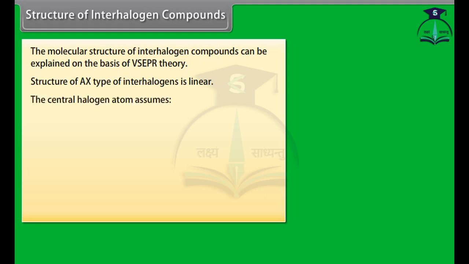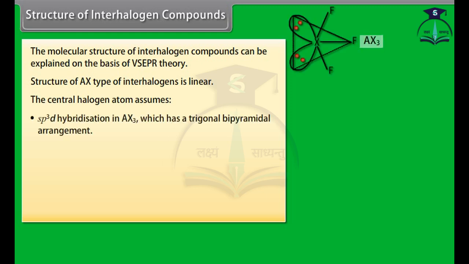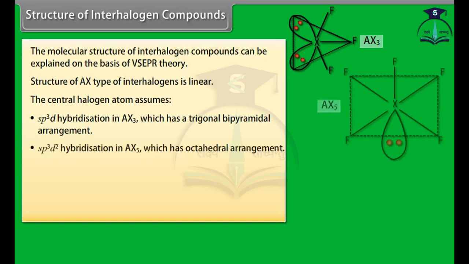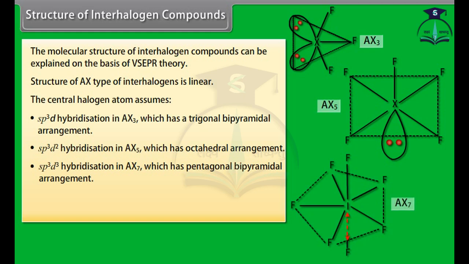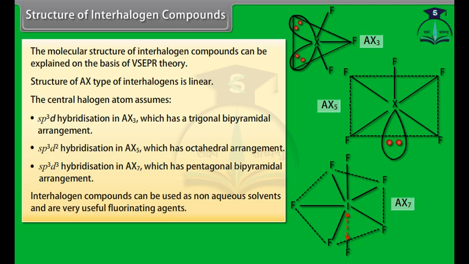The central halogen atom assumes sp3d hybridization in AX3, which has a trigonal bipyramidal arrangement; sp3d2 hybridization in AX5, which has an octahedral arrangement; and sp3d3 hybridization in AX7, which has a pentagonal bipyramidal arrangement. Interhalogen compounds can be used as non-aqueous solvents and are very useful fluorinating agents.